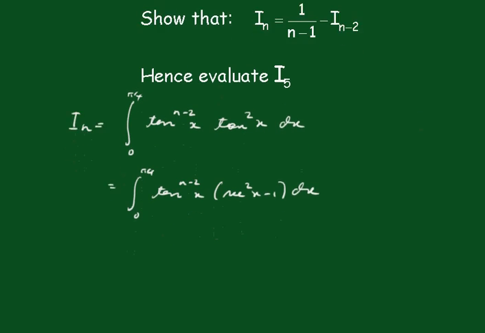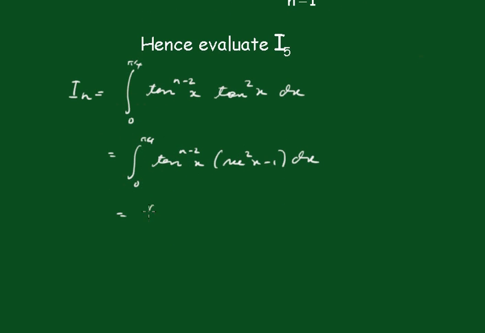And by doing that, we'll write this as the integral pi upon 4 naught of sec squared x tan x to the n minus 2 dx minus, and of course this is going to be In minus 2. But you can see here that this is the derivative of what's inside the brackets there. So all I need to do is increase this by 1.